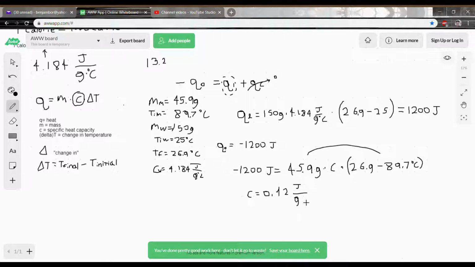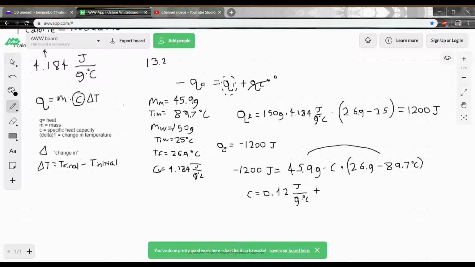Now, I don't think the problem has you do this, but we can discover what element we dropped in, what metal we dropped in, by taking that value and going back to our table.